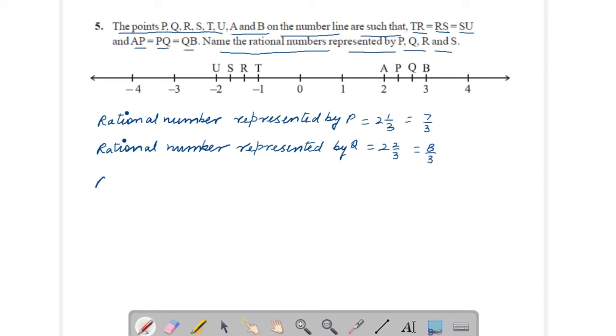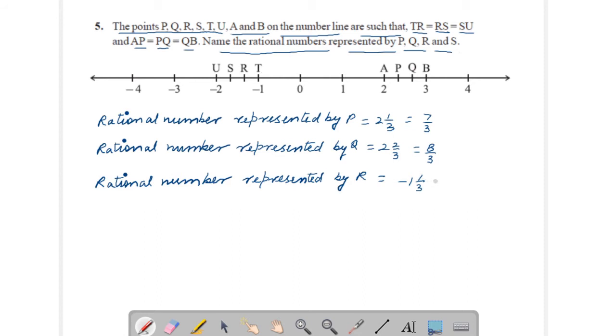Now the rational number represented by R: it is minus 1, and you have to take one part, that is 1 upon 3, because the distance between U and T is divided into three parts and we are taking the first part, it will be 1 upon 3.